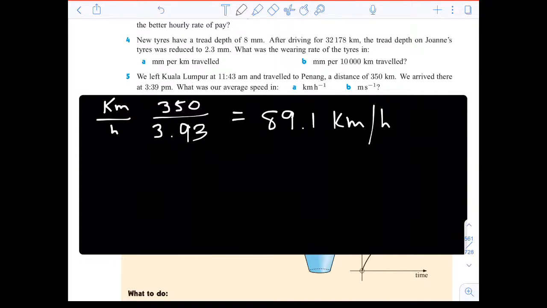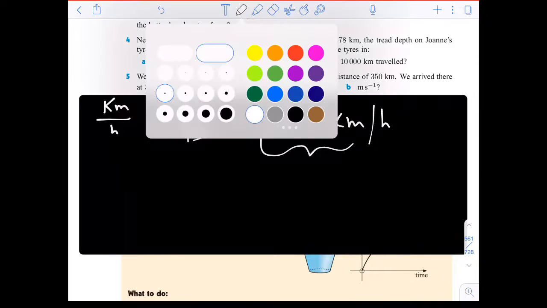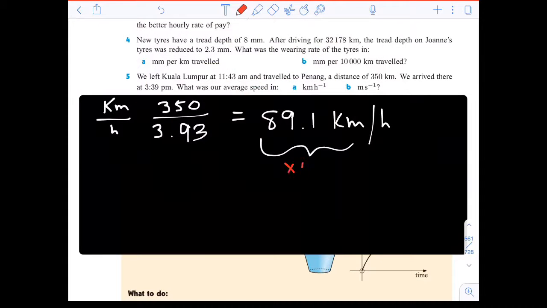So how about if we wanted to do this in meters per second? That's part B. Well, all I would need to do is take my kilometers and convert it to meters. And we know that we can do that by multiplying it by 1,000. So that would be 89100. Then I would have to take my hours and convert it to seconds.